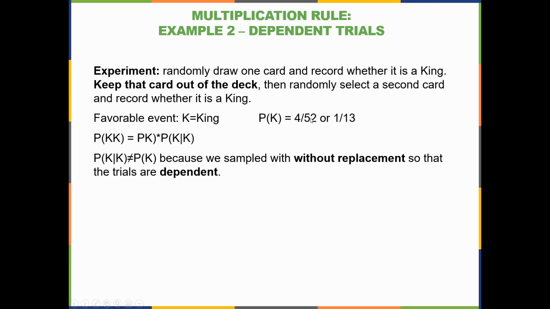It will be a different probability because we already pulled out a king on the first try and didn't put it back. So as you can see, on the first trial, the probability of a king is as it usually normally is, times the probability of a king on the second trial, where we only have 3 kings left in the deck out of only 51 cards left in the deck.